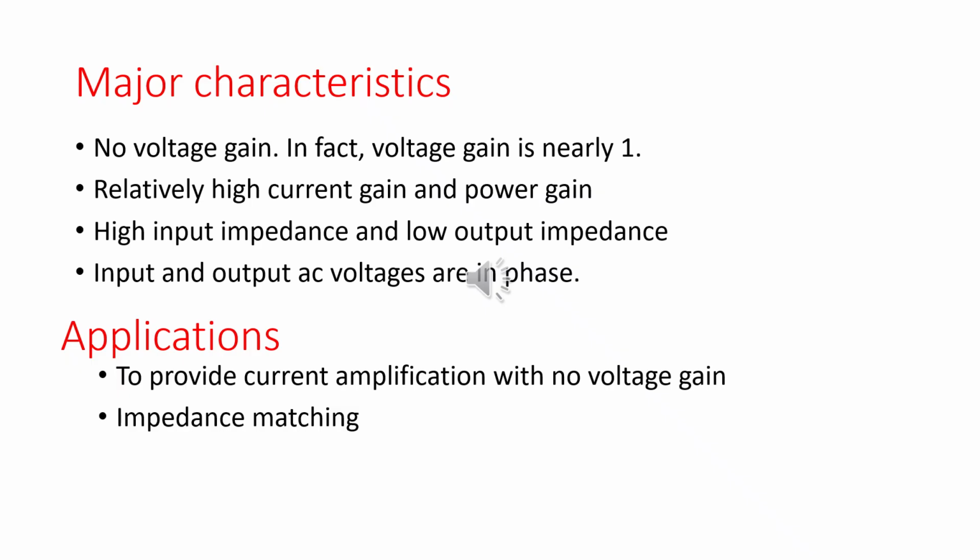Both the numerator and denominator will be almost the same, so the ratio will be equal to 1. It has relatively high current gain as well as high power gain. Another characteristic is that it has high input impedance and low output impedance. Input and output AC voltages will be in phase. As we have told, the output and input voltages are almost equal, so they will also be in phase.